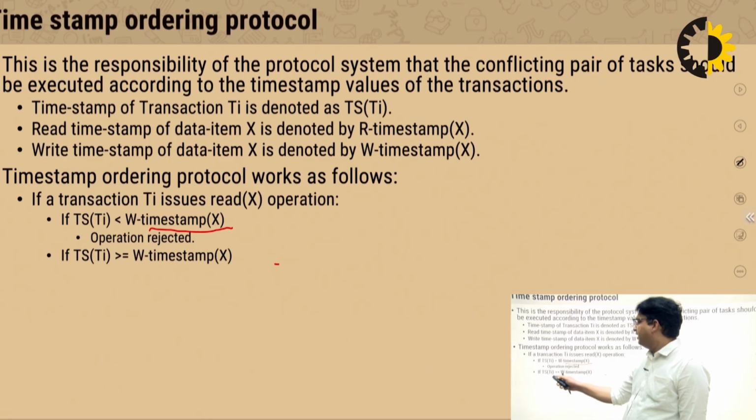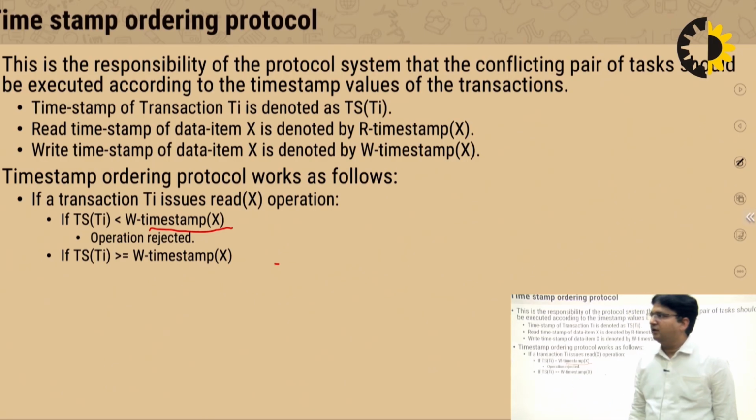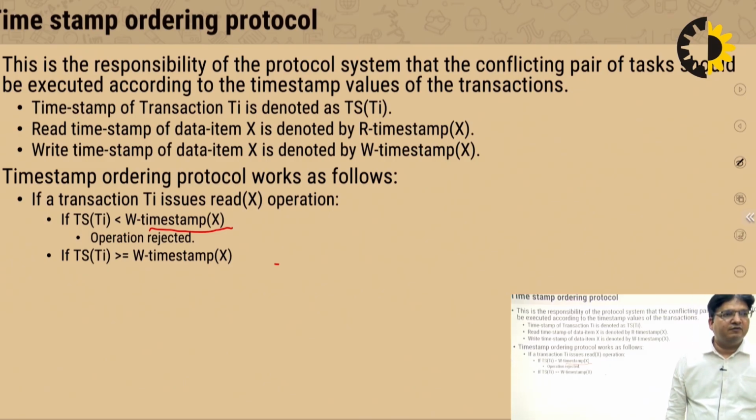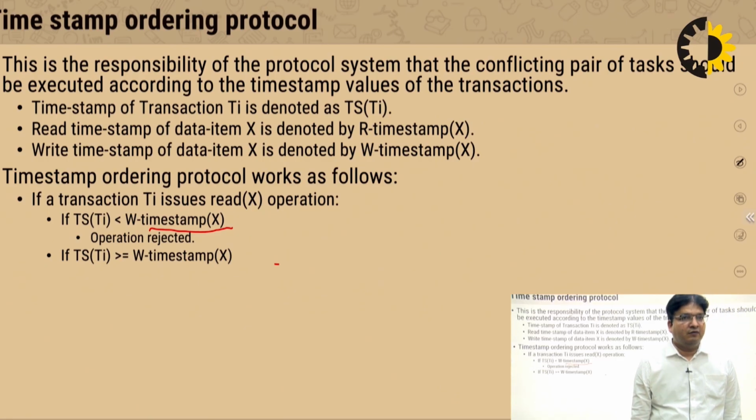It means Ti is a younger transaction than the transaction that wrote the value of X, so it will be given permission to read the value of X. The write timestamp will not change, only the read timestamp is changed. The read timestamp becomes the greater of the existing read timestamp value and the timestamp of transaction Ti.